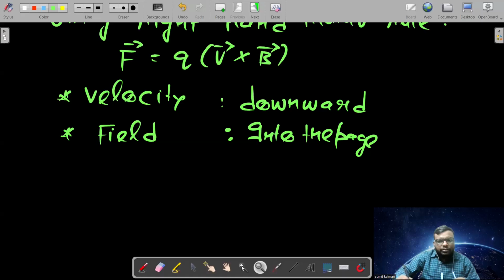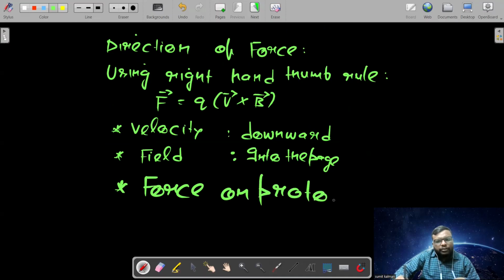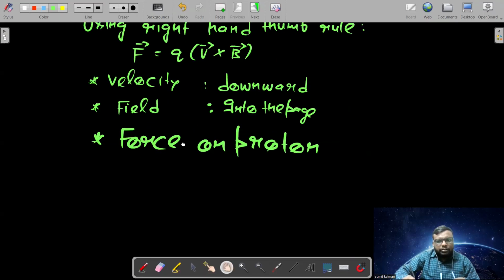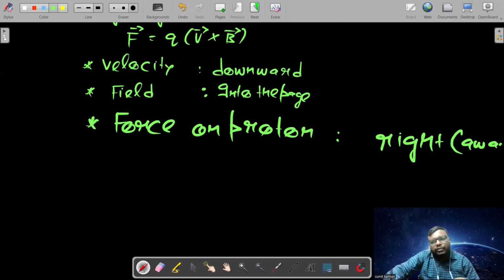Then force on the proton will be to the right, that is away from the wire.